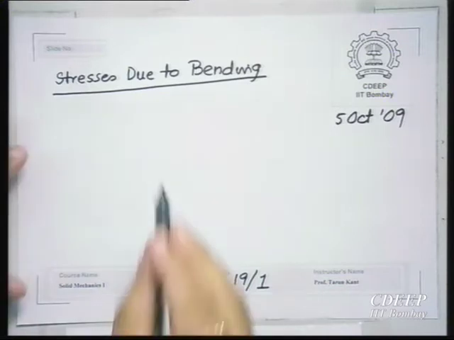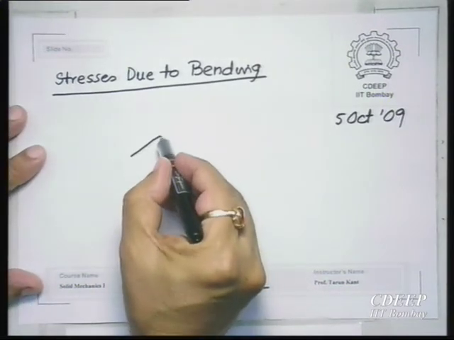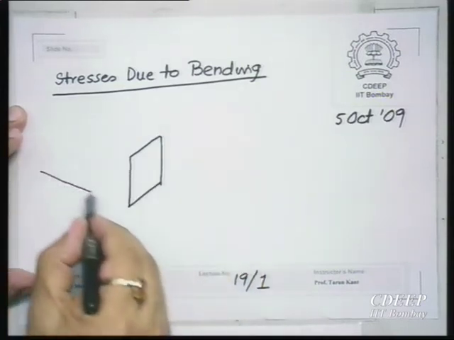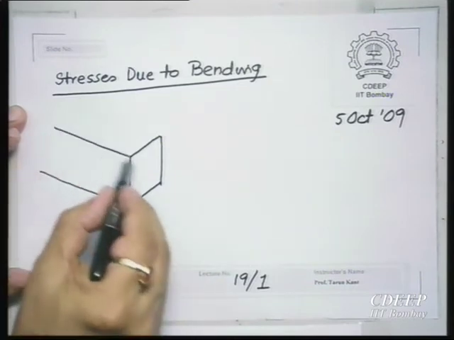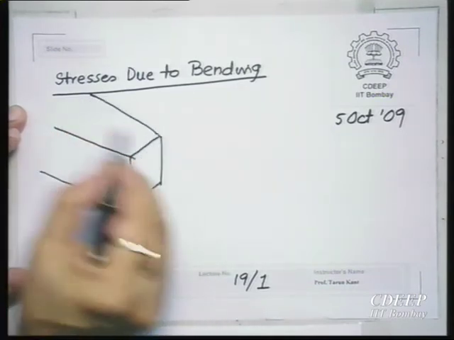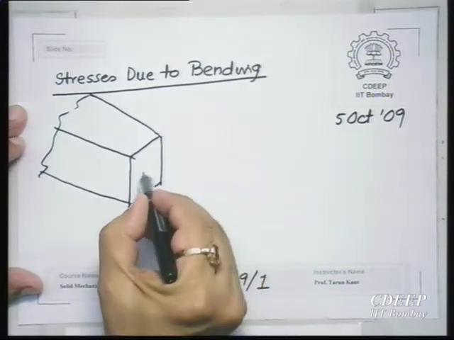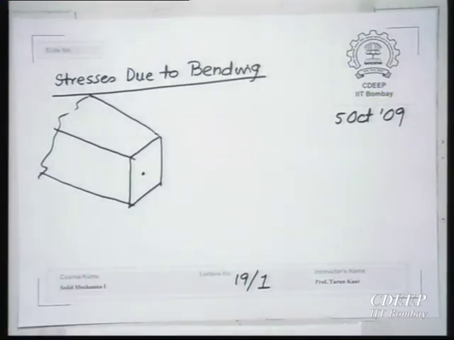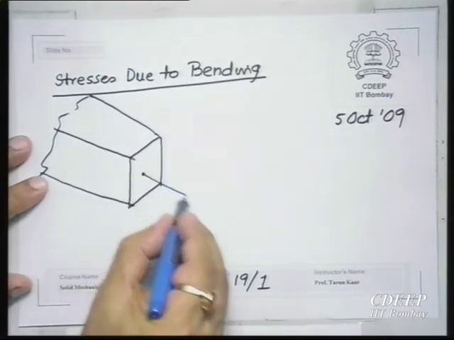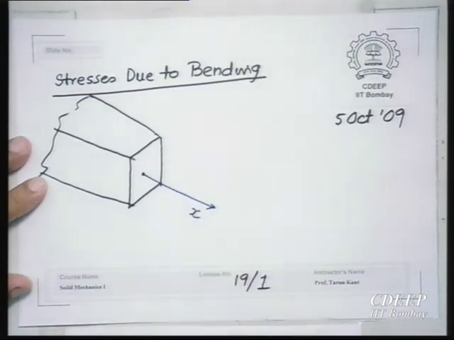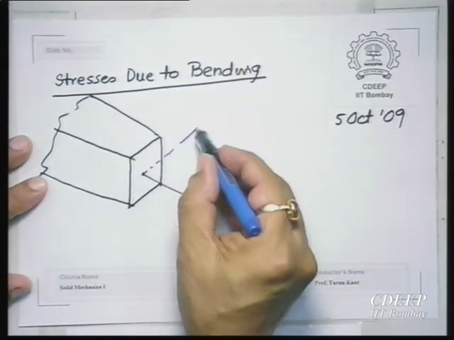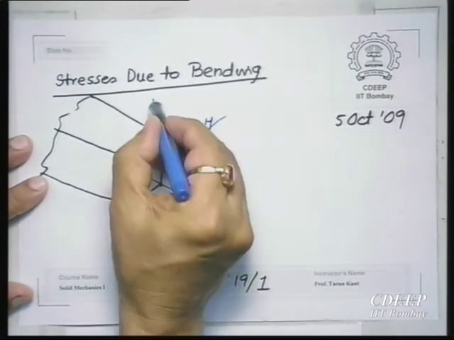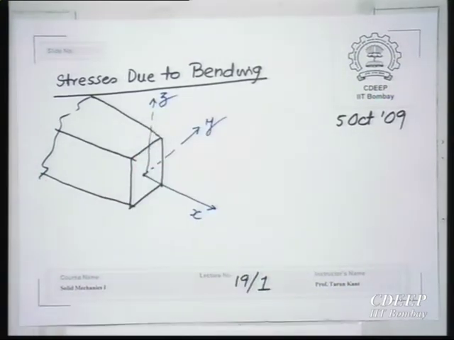So at any cross section, as we have seen already, we have the x-axis, y, and z.